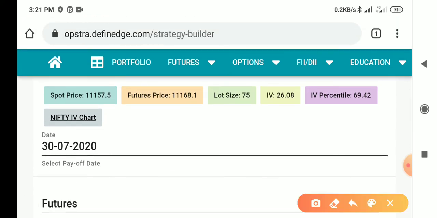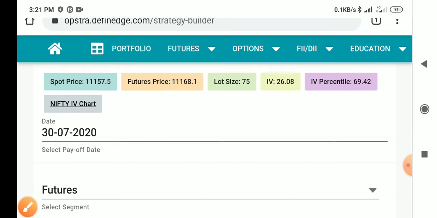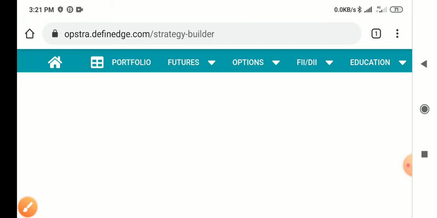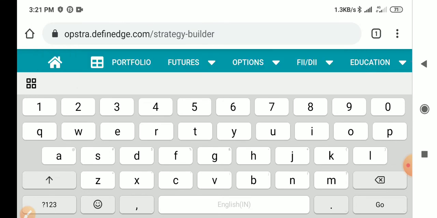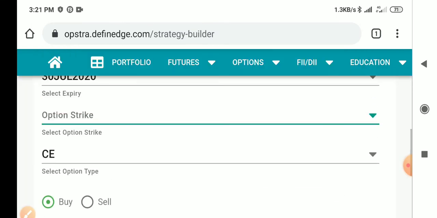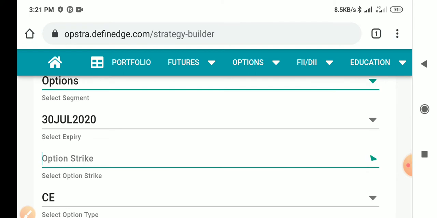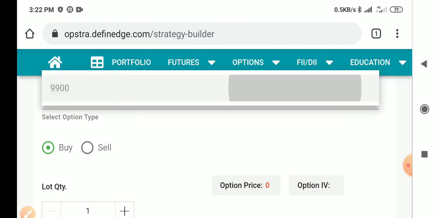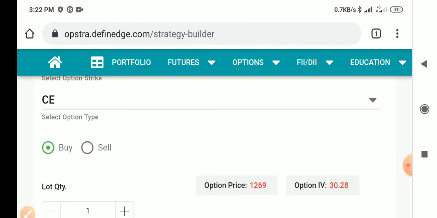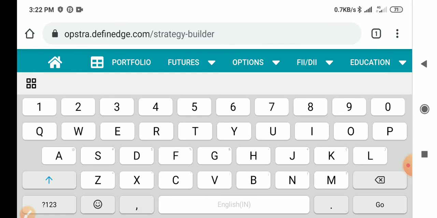At present, the future price is 11,168. I am selecting the options. And I want to select the 9,900 put.